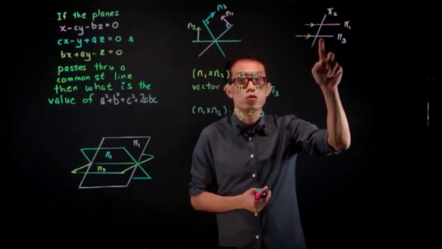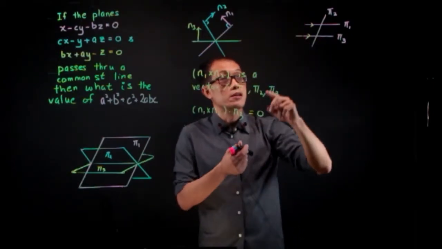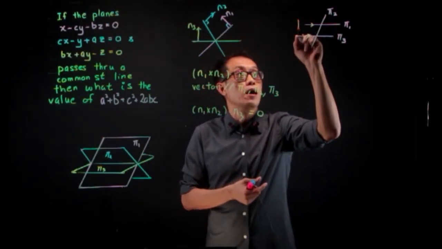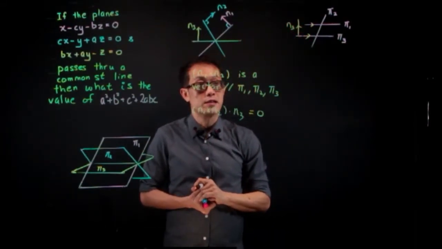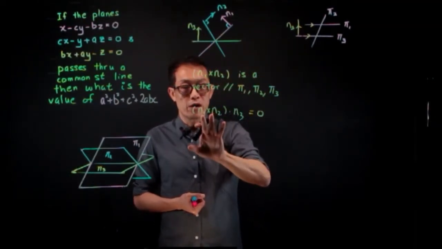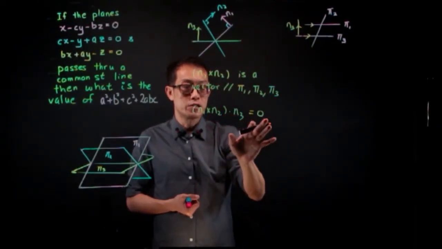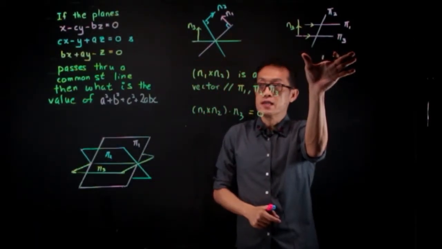Since it's parallel to the third plane, if you dot the normal of plane 3, you will also get 0. So there are two possibilities if N1 cross N2 dot N3 equals 0. This is one of the possibilities, and this is another one.